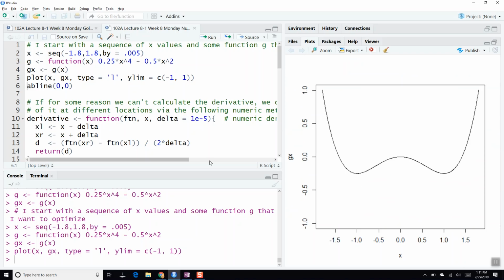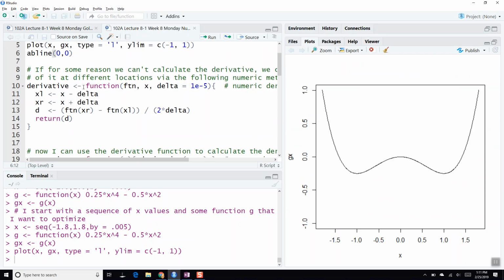Okay, and just so we can see this, I'm going to create a function called derivative. The derivative function is just going to ask for a function, and it's going to ask for the x value. It also asks for a delta, but we're going to give it a default value of like 1 times 10 to the negative 5. You can choose something smaller, but obviously not too small where you're going to run into machine error problems, okay?